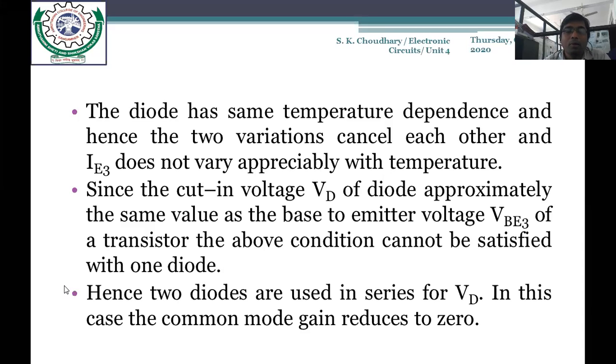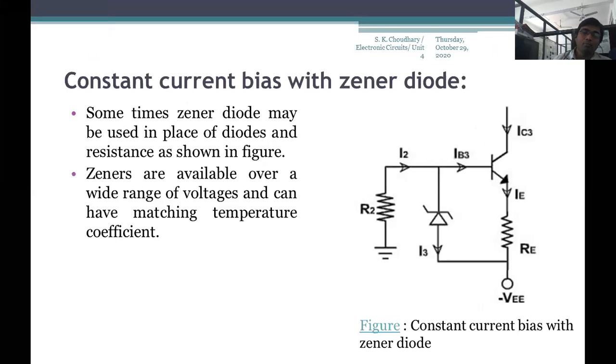To counter this problem, we can connect two diodes in series instead of one, to compensate for the change in voltage due to temperature across the base to emitter terminal. This is another way you can handle this. So we have seen how the variation of IE3 with temperature is sorted out by connecting a diode in series with R1.